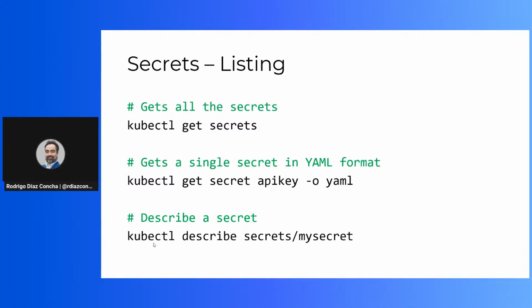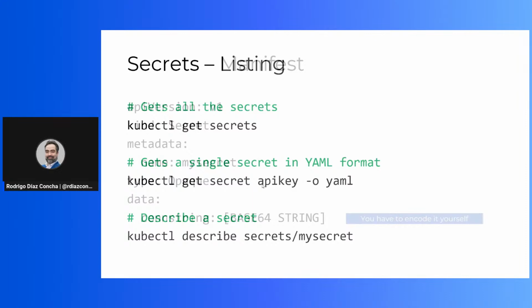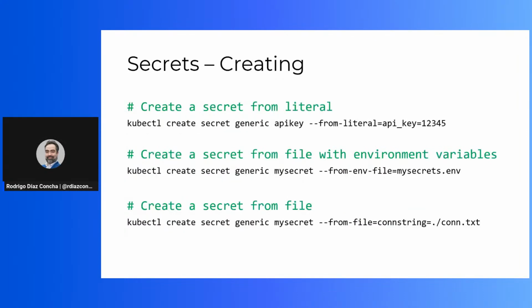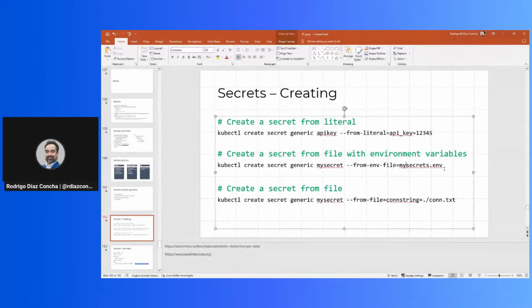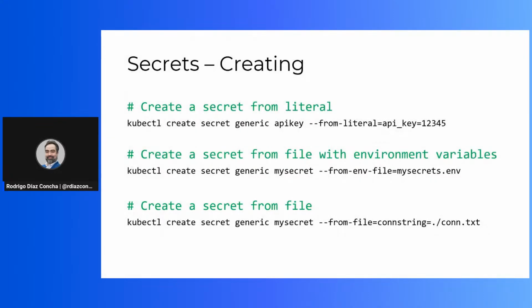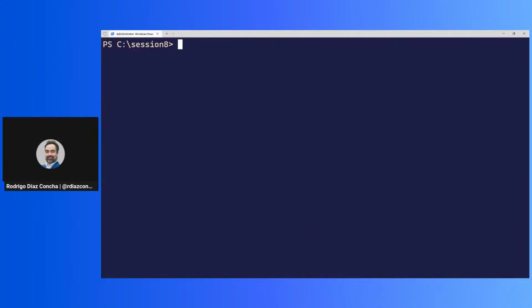So let's do this. Let's create a secret, okay? And I'm going to use this option because I want to reuse the mysecrets.env file that I already have. So kubectl create secret, right? And the type is generic my secret, okay?